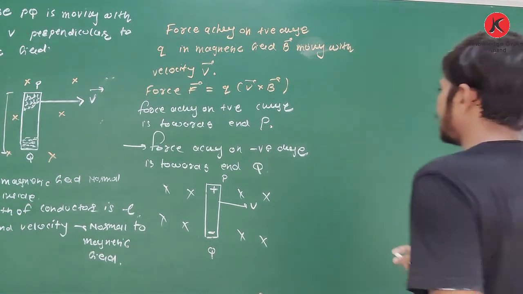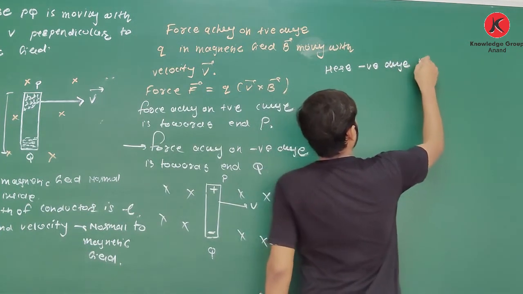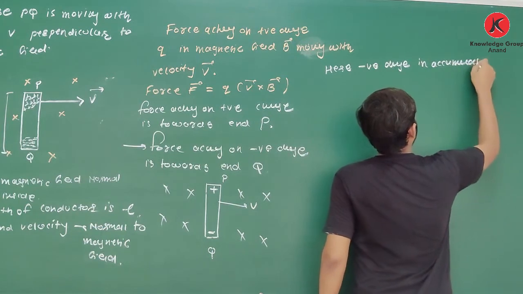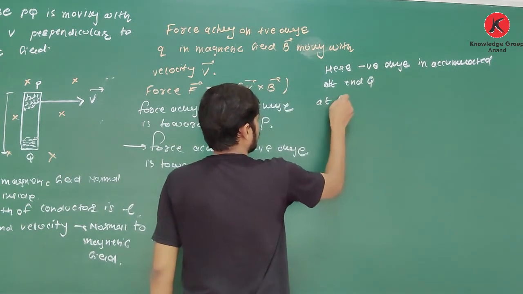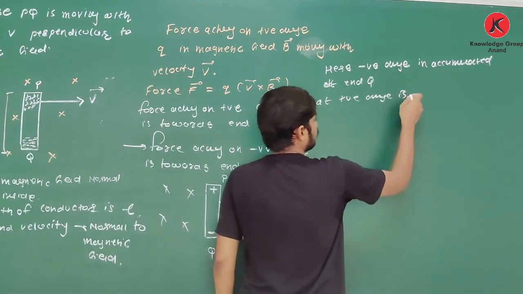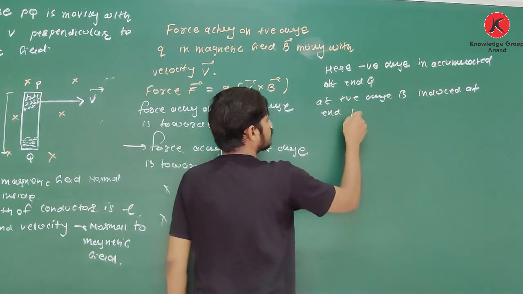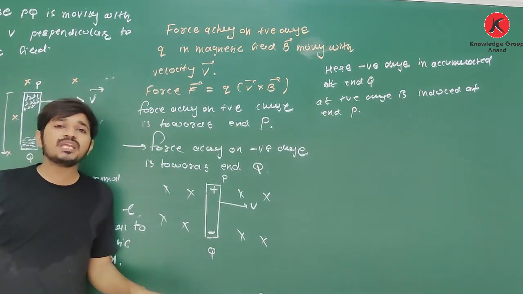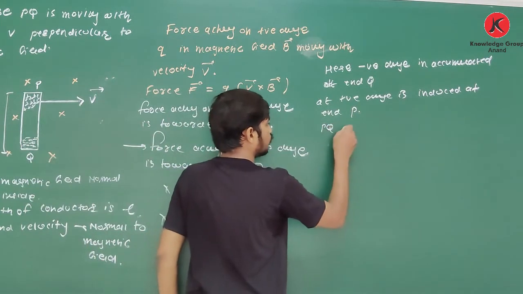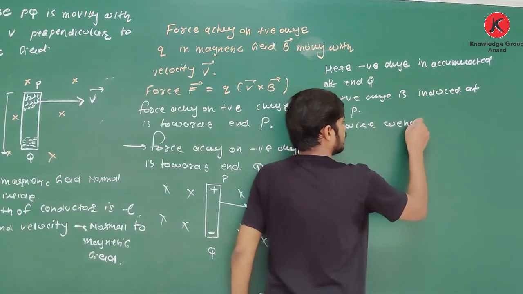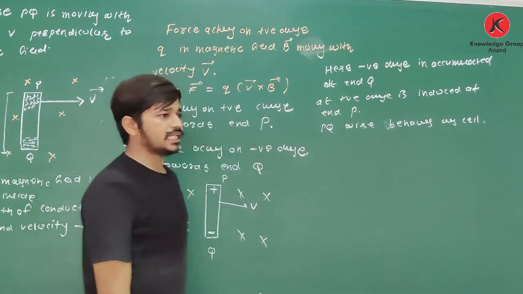Then how to write? Negative charge is accumulated at end Q and positive charge is induced at end P. So now this PQ wire behaves as a cell, like this.